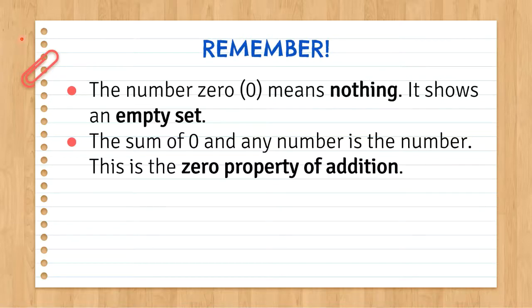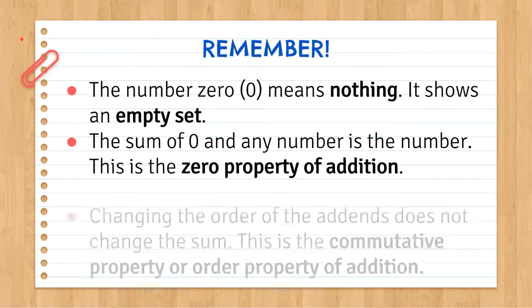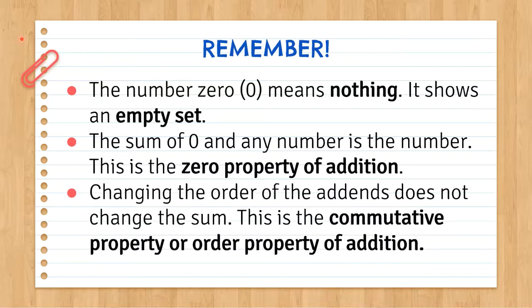And this is what we call the zero property of addition. And one more thing, we have to remember that changing the order of the addends does not change the sum. And this is what we call the commutative property of addition, or for us to better recall it, order property of addition.